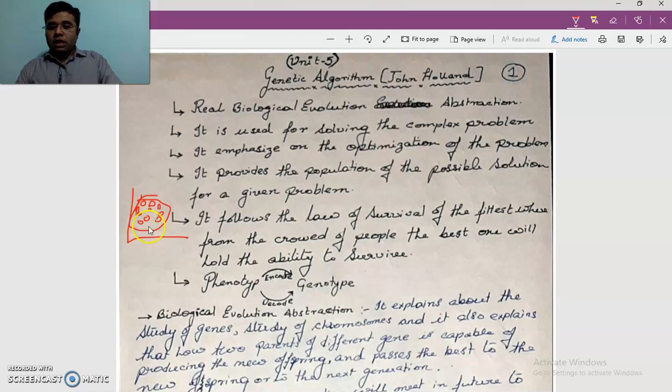Now, in the previous machine learning algorithms, what we were actually doing was finding out the distance between these two instances, and we were just predicting the possible outcome, but we wouldn't be able to optimize the result. We wouldn't be able to optimize this particular problem.